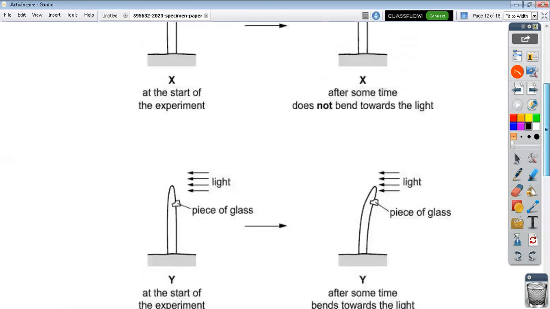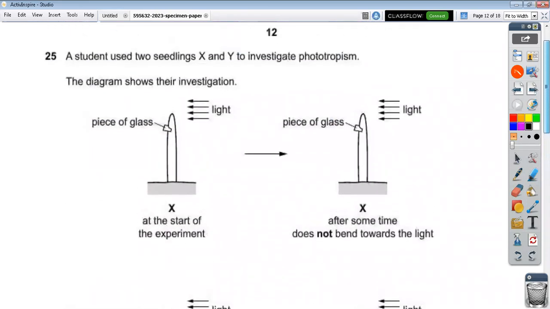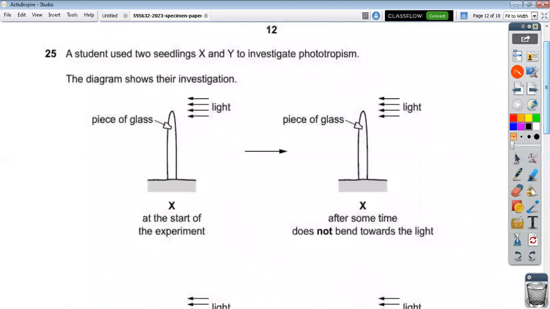Did you read the question, or do you need to read it again? Or maybe I was too fast. A student used two seedlings to investigate phototropism. X after some time does not bend towards light.